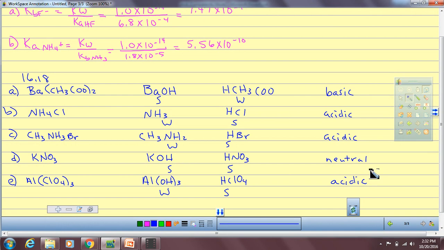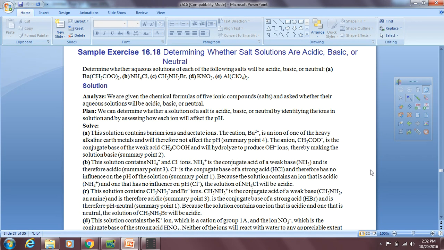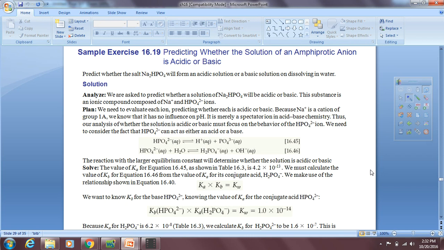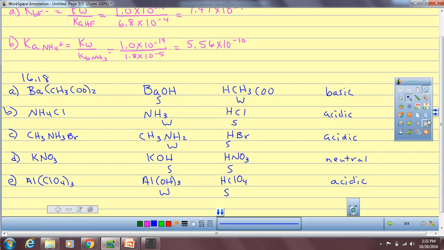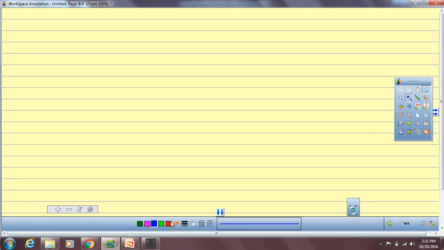Sample exercise 19 is also on page 698. Predict whether the salt Na2HPO4 will form an acidic solution or a basic solution on dissolving in water. So we have Na2HPO4.